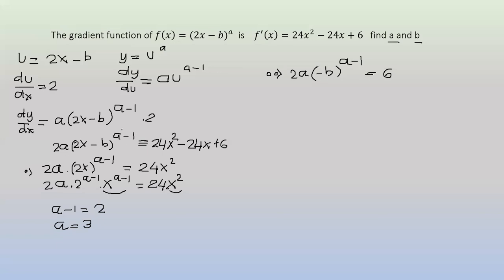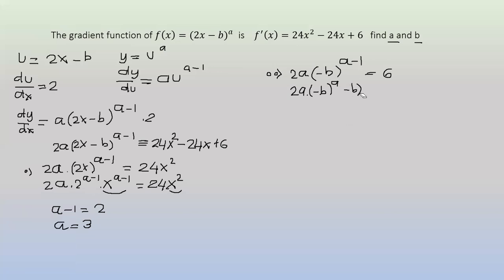So if you expand these terms, we're going to find that 2a times (negative b) to the power a minus 1 is identical to 6.